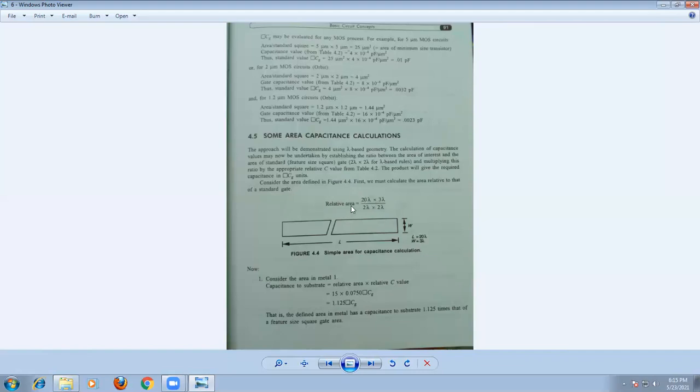So the relative area is equal to the actual value divided by the standard gate area. Assume that the technology is not specified in this case also.